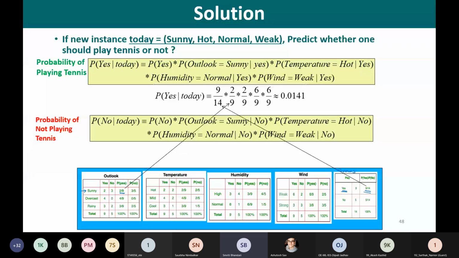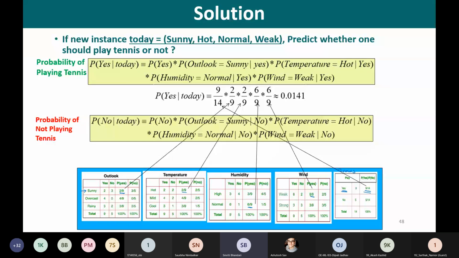Similarly, the probability of temperature equal to hot given yes is once again 2 divided by 9. Then the probability of humidity equal to normal given yes is 6 divided by 9. And the probability of wind equal to weak given yes is once again 6 divided by 9.